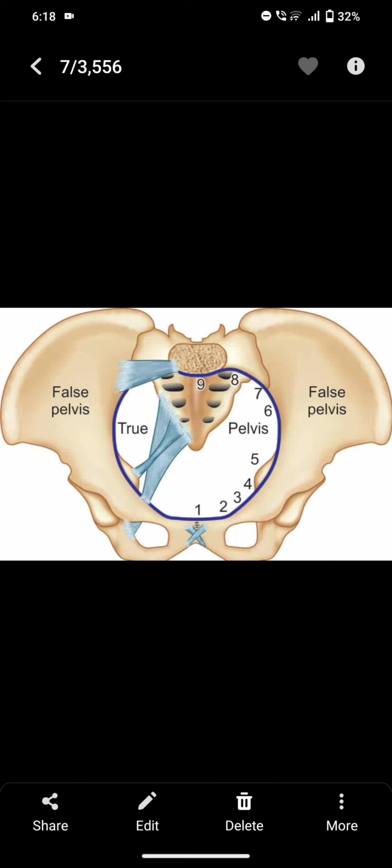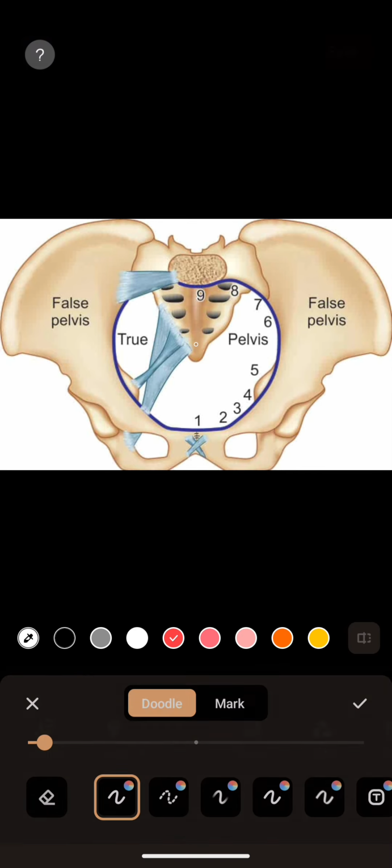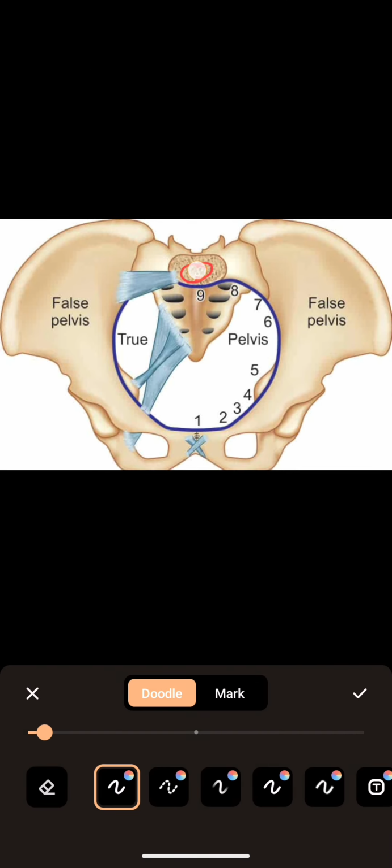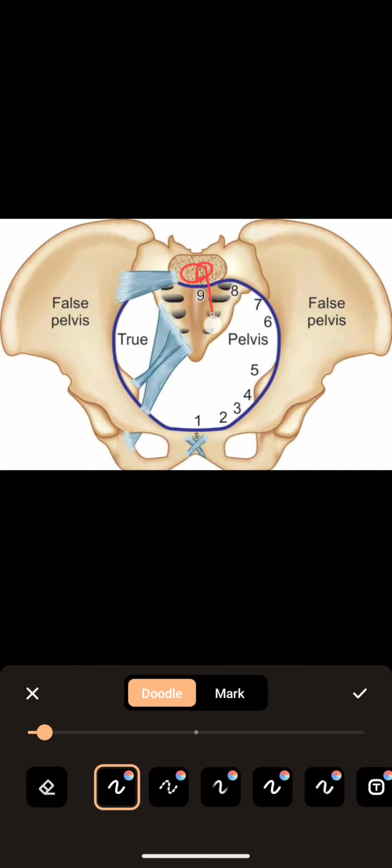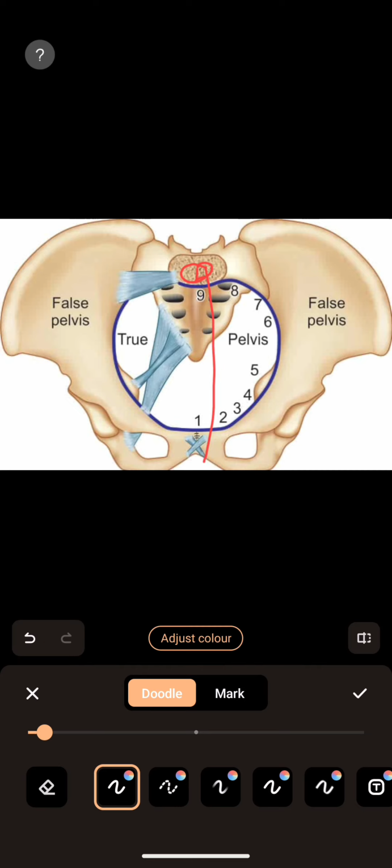Now let's see the diagonal conjugate. It is the distance between the midpoint of the sacral promontory to the lower border of the symphysis pubis. Next one is the obstetrical conjugate.